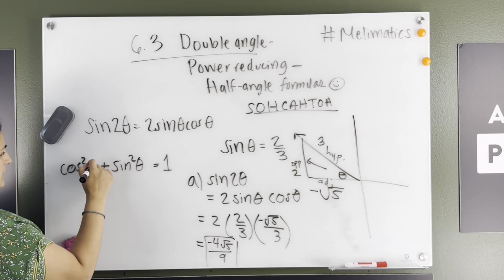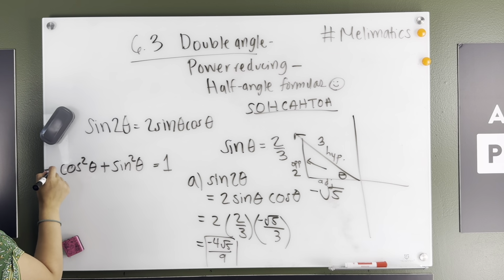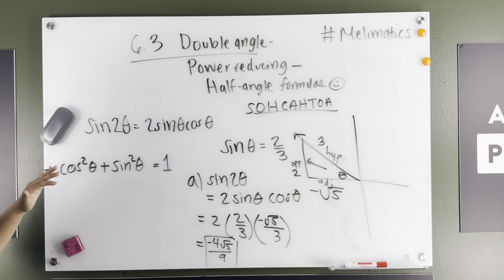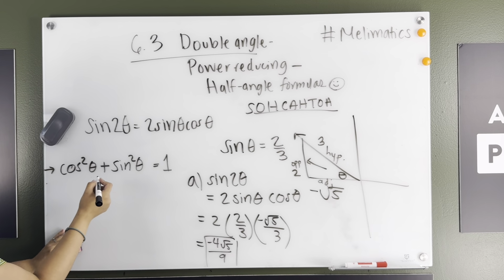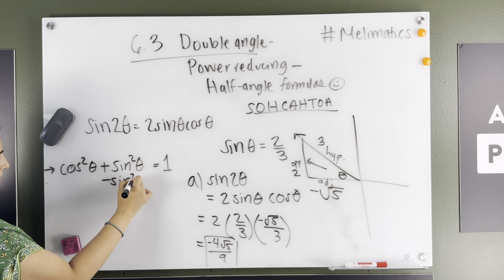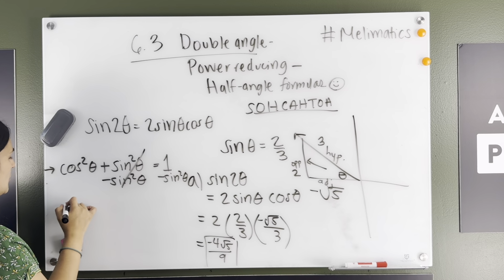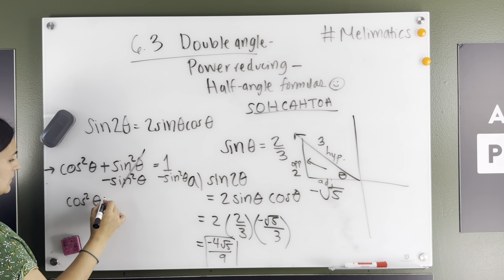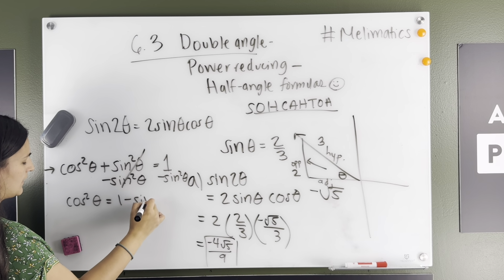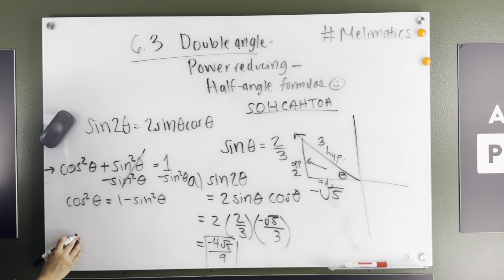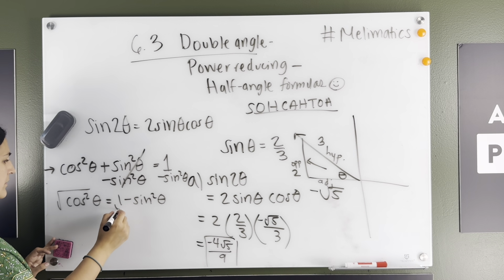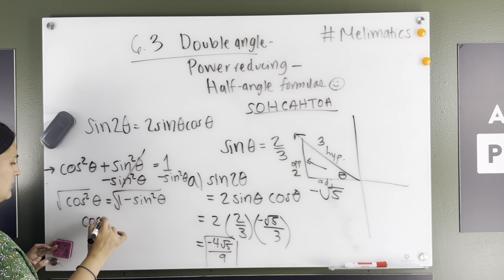And we know that the radius of a unit circle is 1. So here's our formula. If I want to find cosine from sine, you can just manipulate the formula. So we're going to subtract sine squared. So we get cosine squared is 1 minus sine squared theta. And then square root both sides, so I can just get the cosine.